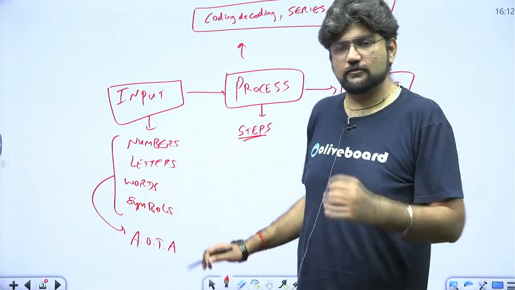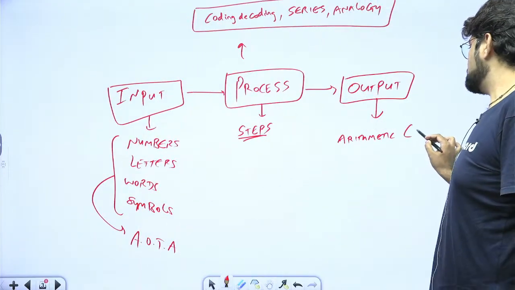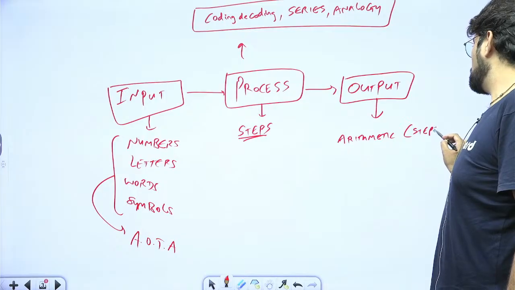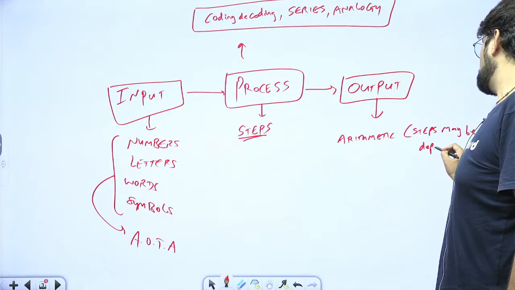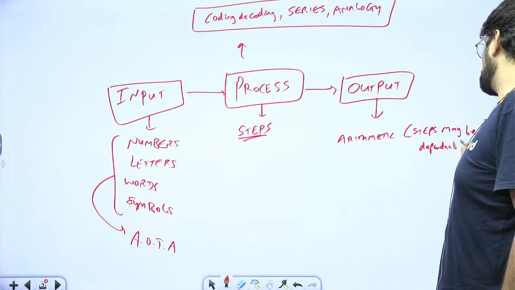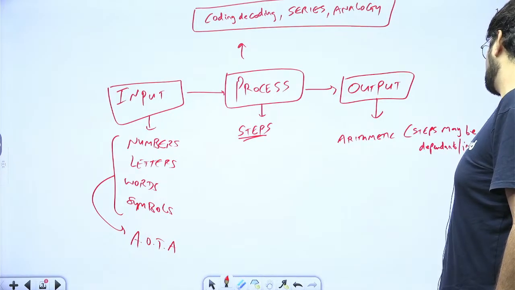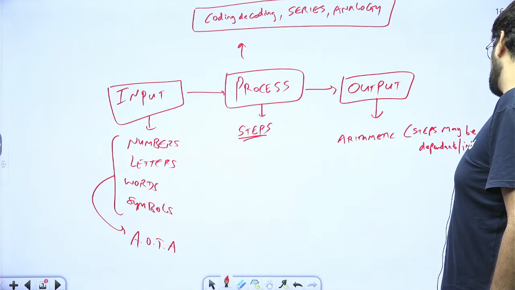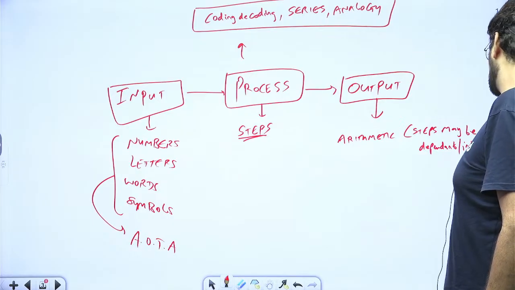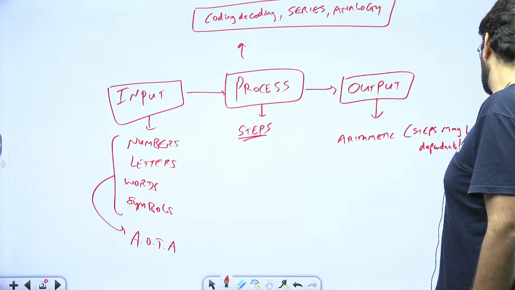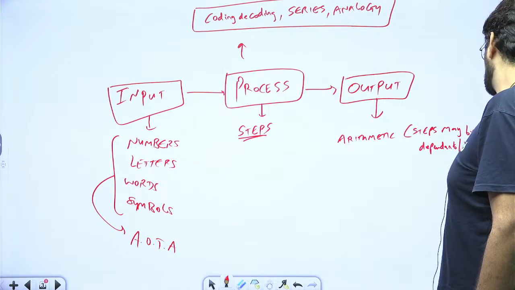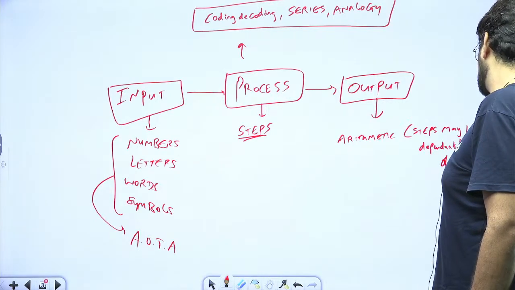So you can have an arithmetic thing where steps may be dependent or independent of each other.